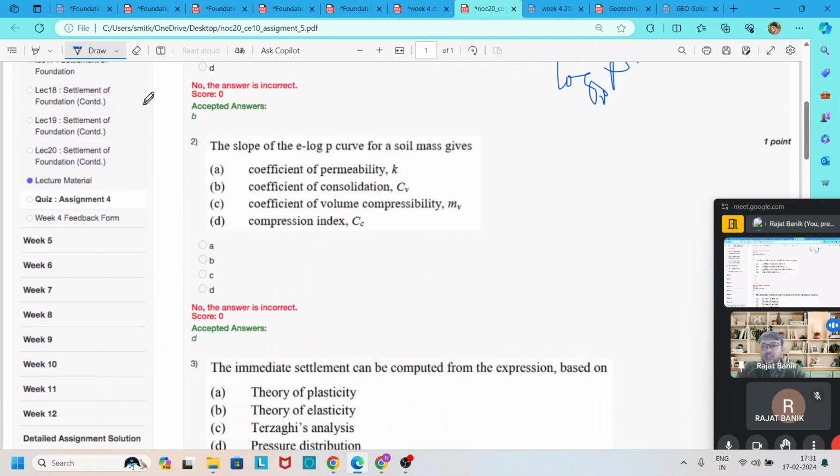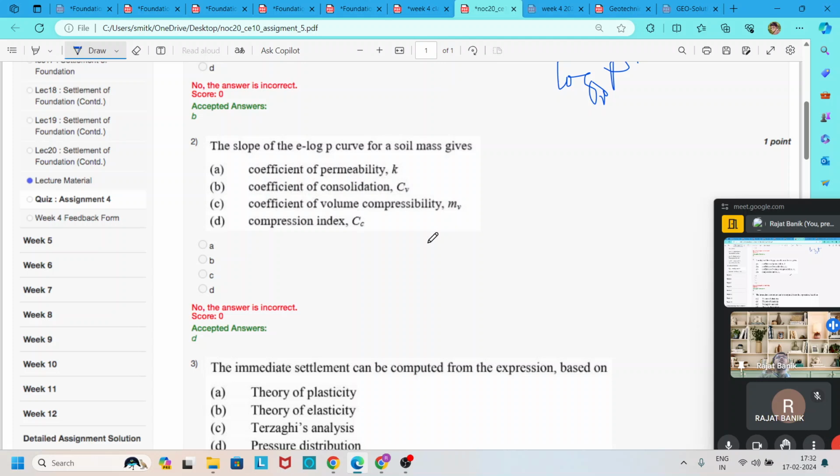Then in question number 2, it is asked what the slope of the e versus log p curve for a soil mass is called.